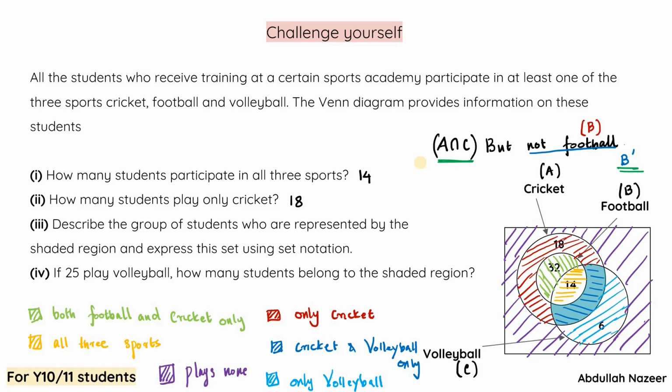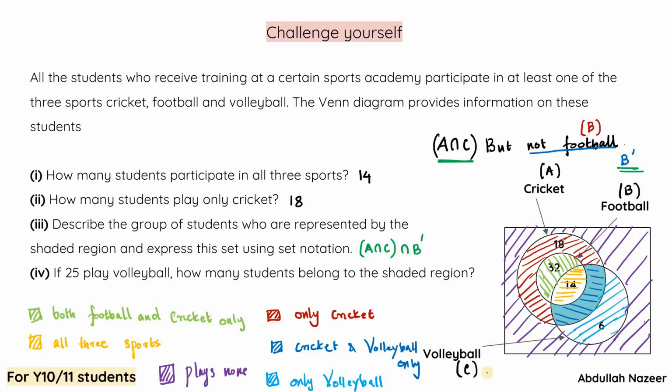In other terms, cricket and volleyball only. So the set operation that finds the students or elements in general that are common for two sets is the intersection. So the answer to this one is A intersection C intersection B complement.